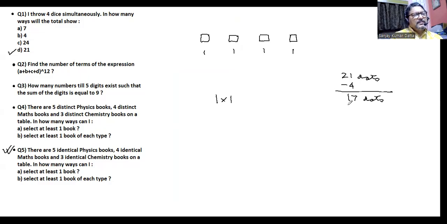So they say distribute 17 dots among the 4 dice, so that a die may not get a single dot. So the answer would be, इधर ही लिख लेते हैं, 17 plus 4 minus 1 C 4 minus 1. And I know what you all are thinking, that this is absolutely correct.